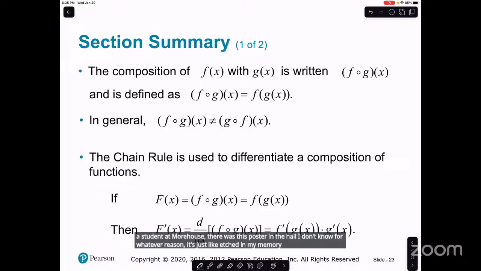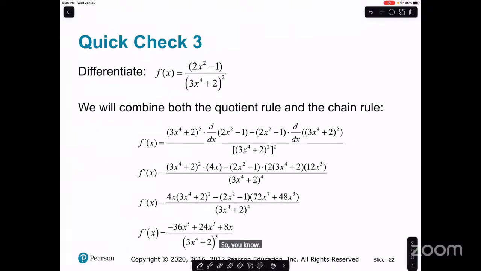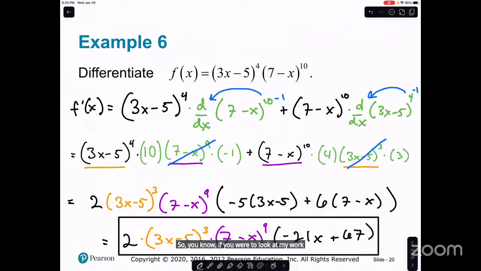It goes something like this: there is no such thing as complicated or complex. What we consider to be complex is just a long string of simple ideas. So if you look at my work, this looks complicated, but in reality it's just a long string of simple ideas, the ones we've been talking about from yesterday and today, put in one long string.